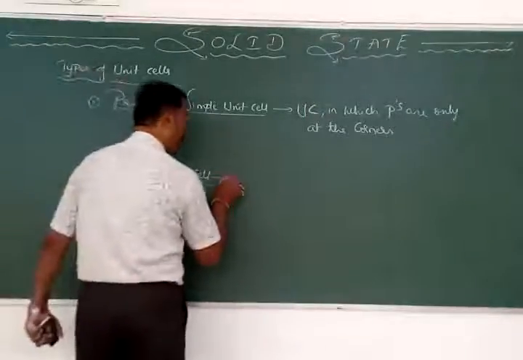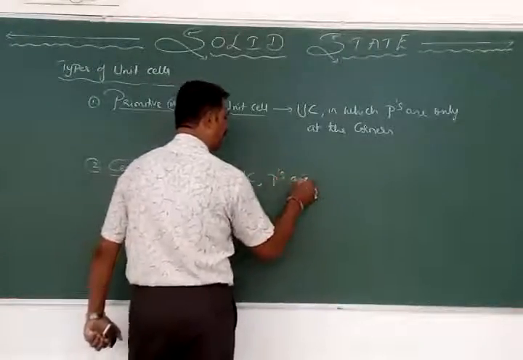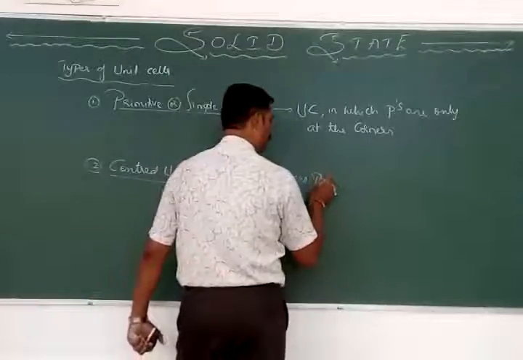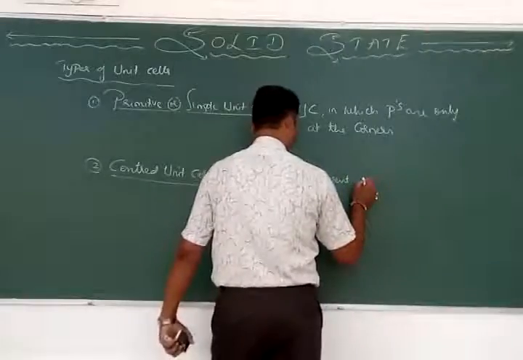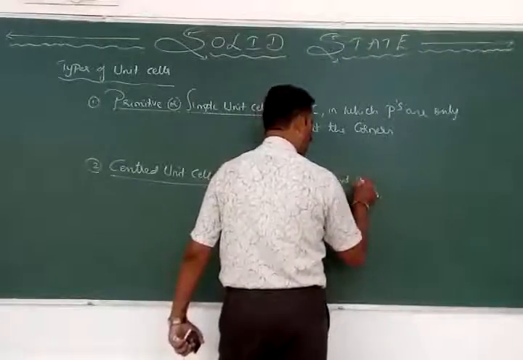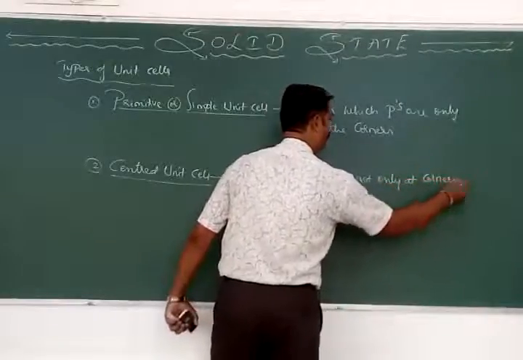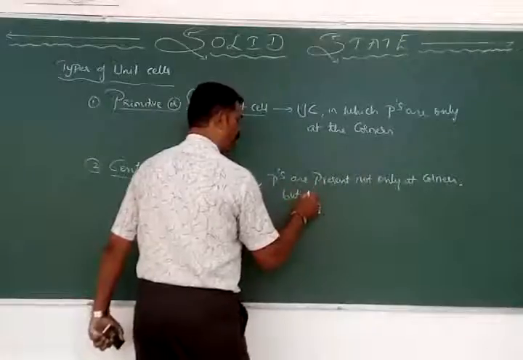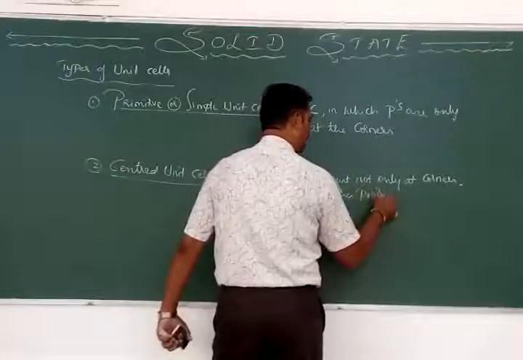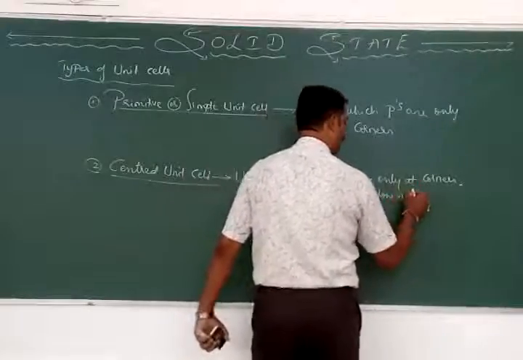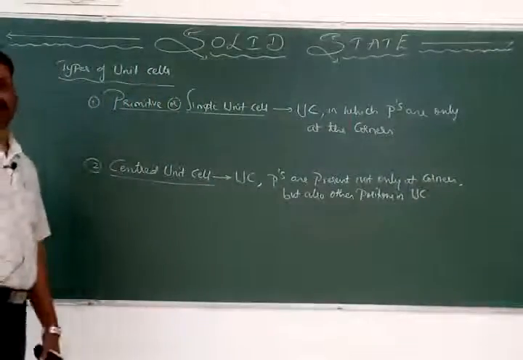So here, this is also a unit cell in which the particles are present not only at corners but also at other positions in the given unit cell, which is referred to as the centered unit cell.